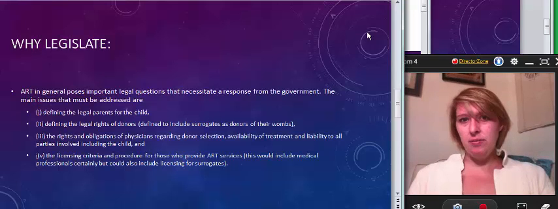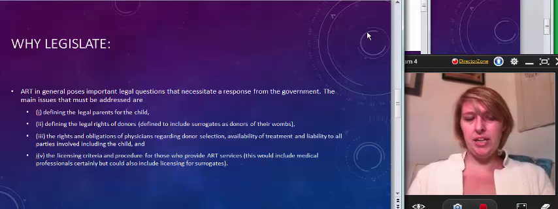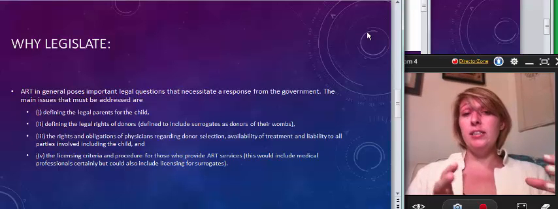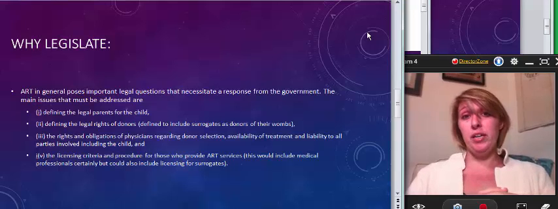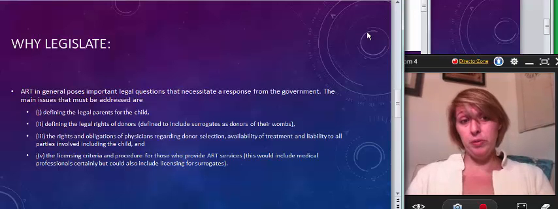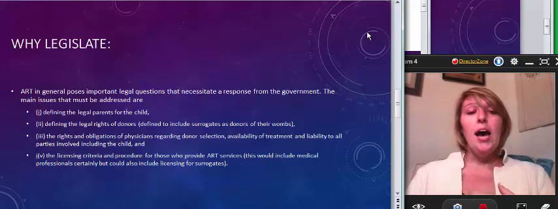So ART, artificial reproductive technologies, are something that is governed by the state. And by state, I mean countries, as well as states. So there are laws governing artificial reproductive technologies at the national level in the United States, but also at the state level in, for example, Louisiana, where I am now.